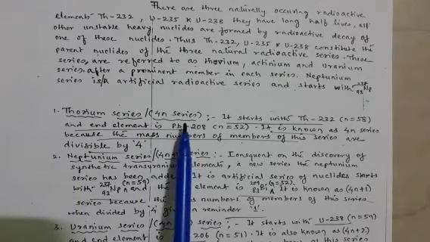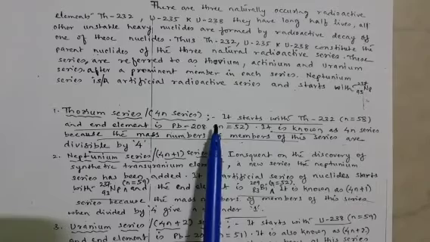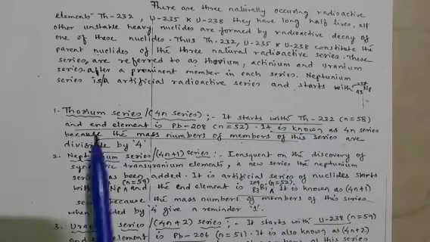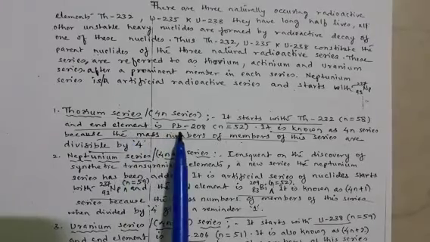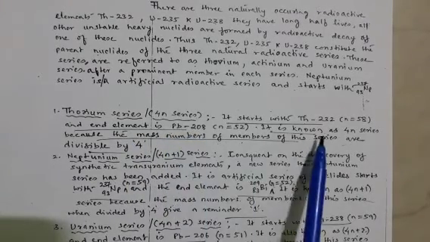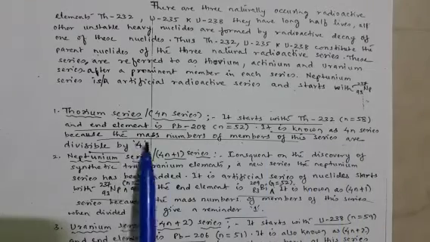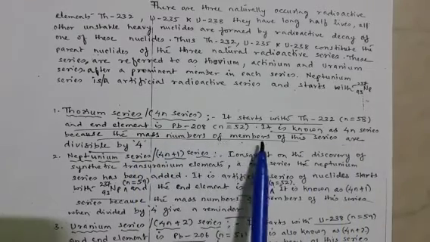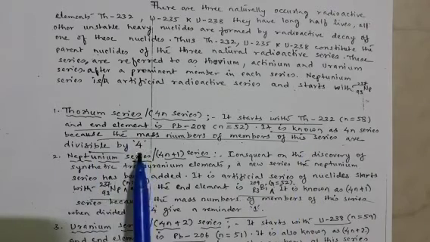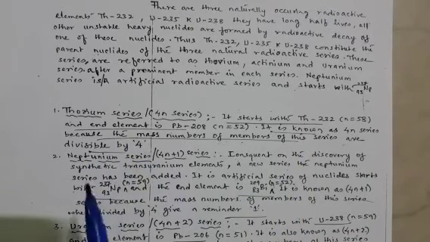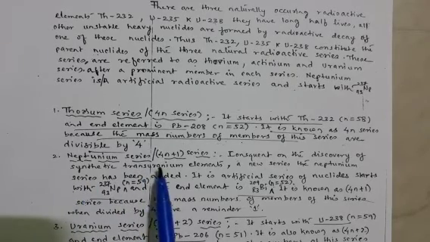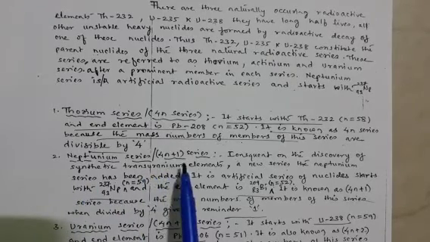This series starts with thorium-232 and ends with lead-208. It is known as the 4N series because the mass numbers of the members of the series are divisible by 4.